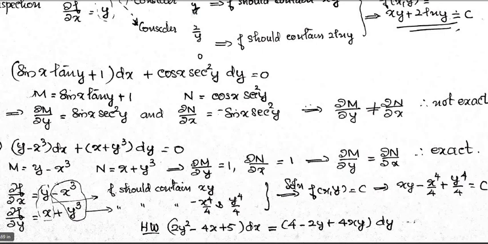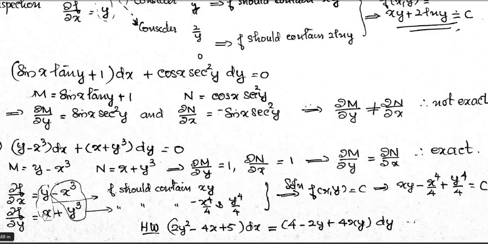Now I use the third method. By the definition, M is equal to ∂f/∂x, that is y minus x cube, and N is equal to ∂f/∂y, which is equal to x plus y cube.